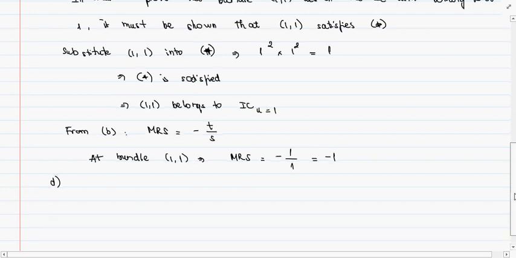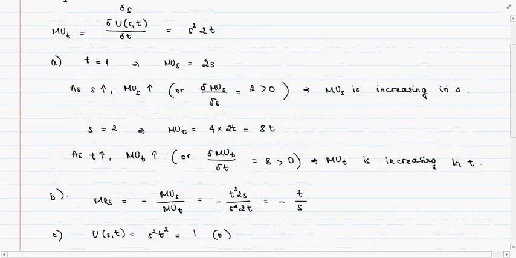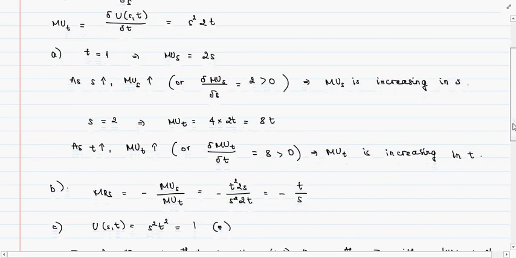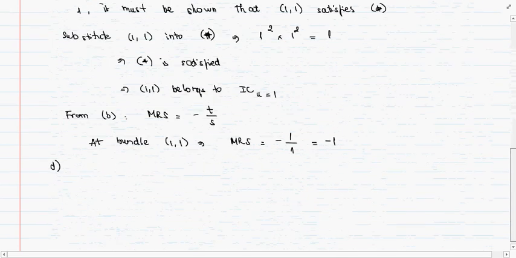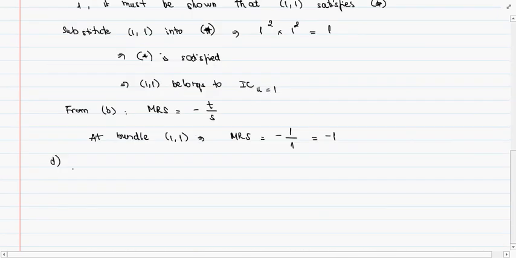Obviously it's not the case, because we already proved earlier that the marginal utility is increasing. So it is not true that the marginal utility of root s is always decreasing, because from part A we already proved that the marginal utility of root s is increasing.